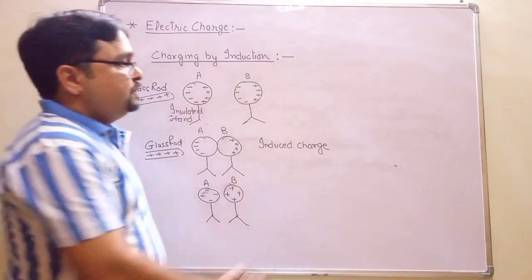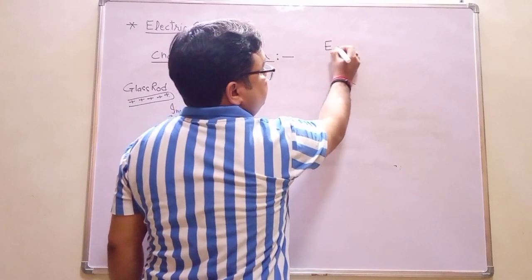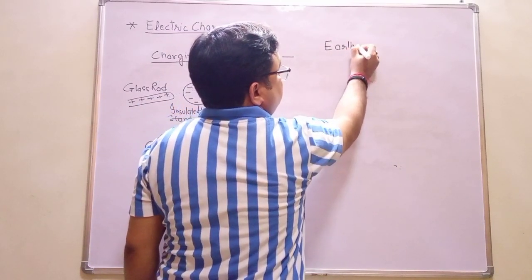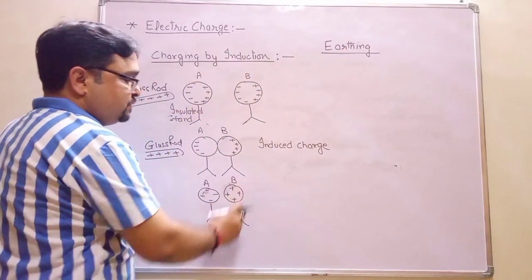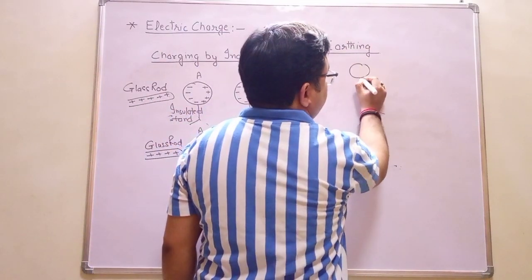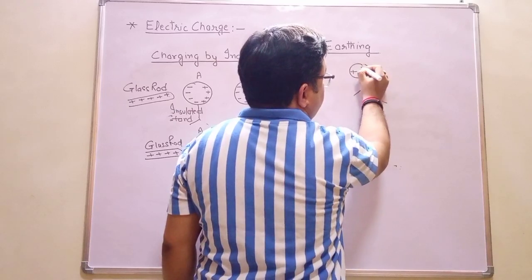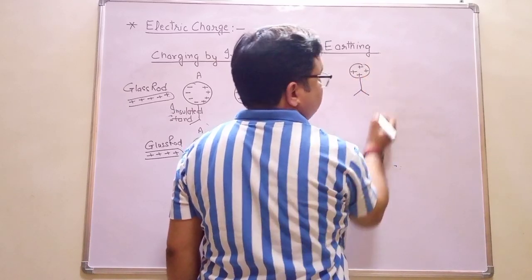There is one more thing which in this lecture we will see: earthing. Now suppose one of these metal spheres I have taken here, again this positively charged metal sphere.